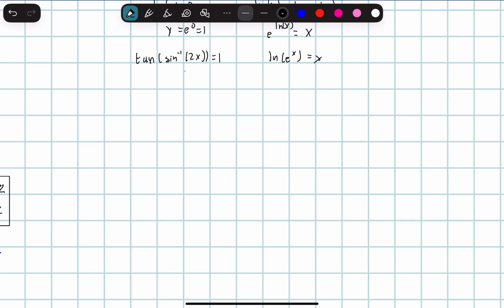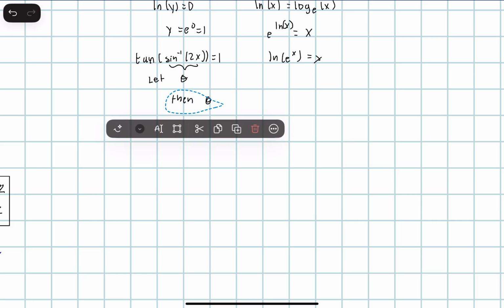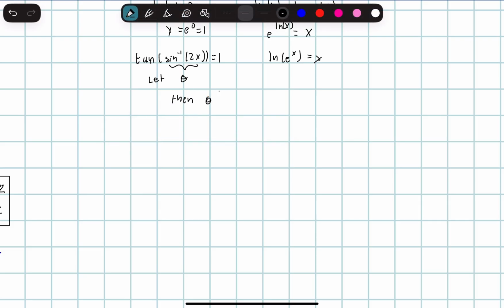Now let sine inverse of 2x equal theta. Then theta is between negative pi over 2 and pi over 2.